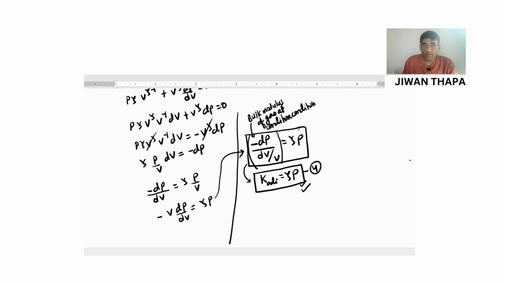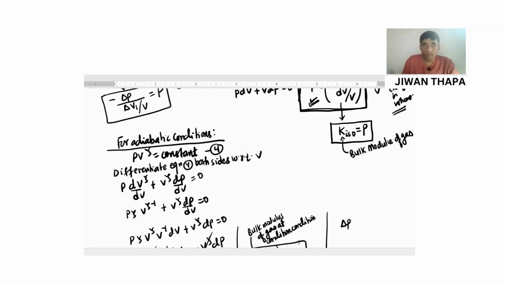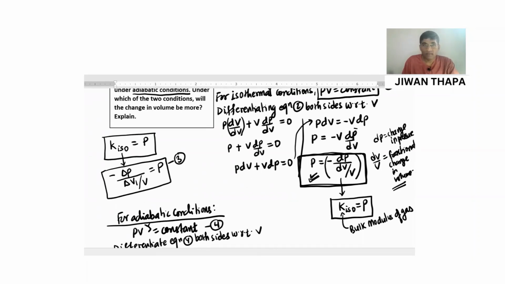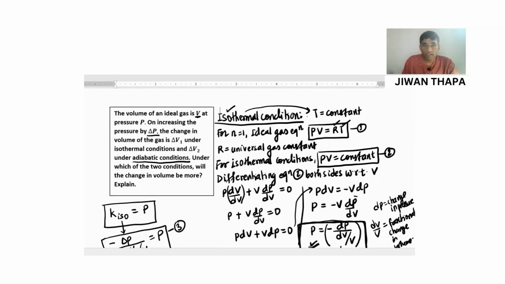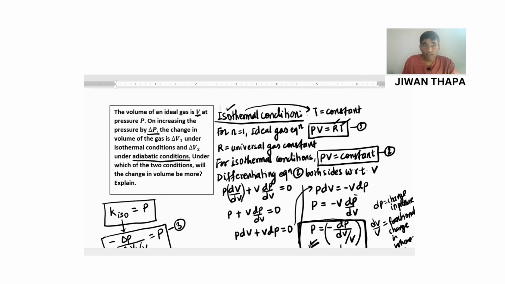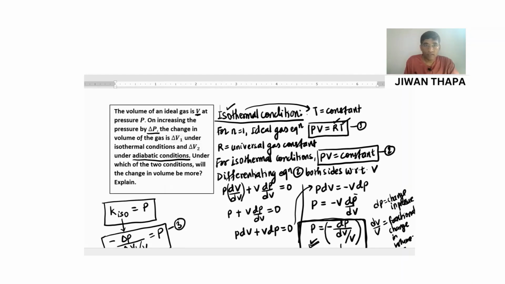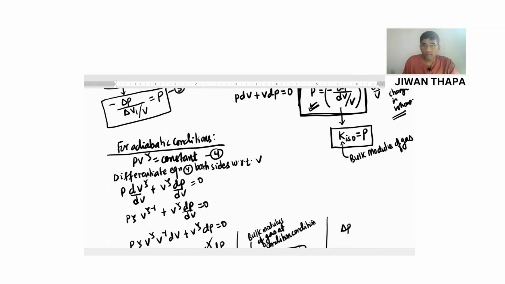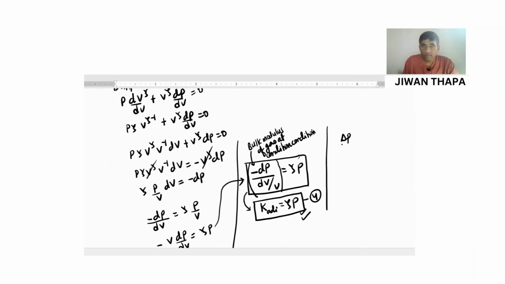From the question, we have a change in pressure delta P, and under adiabatic condition the change in volume is delta V2, with the negative sign also.